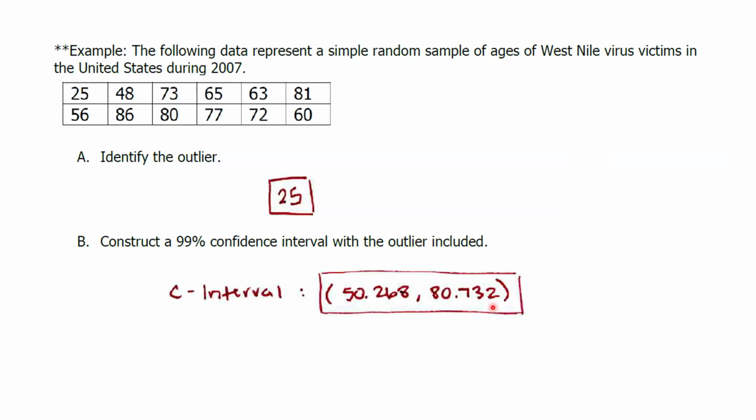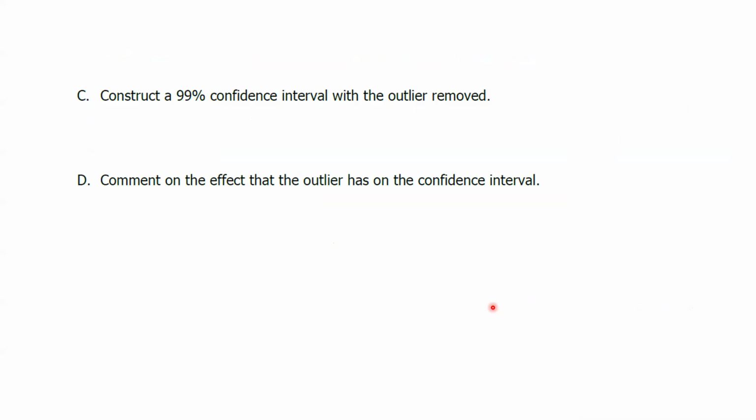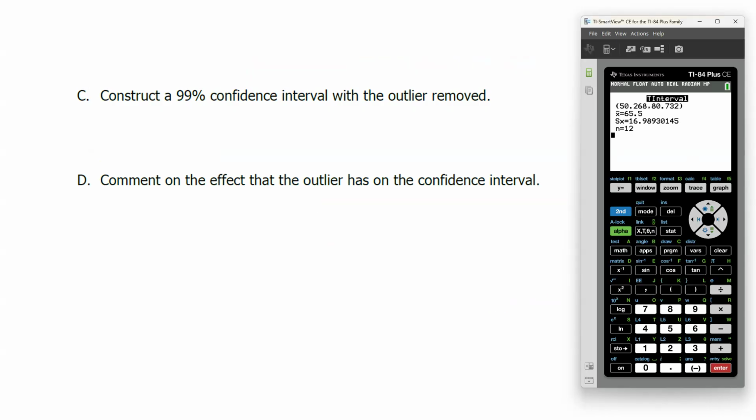All right, awesome. So next, it says to construct a 99% confidence interval with the outlier removed. Our outlier removed would be the 25. So let's go back to our data and delete this 25. Now it's no longer there.